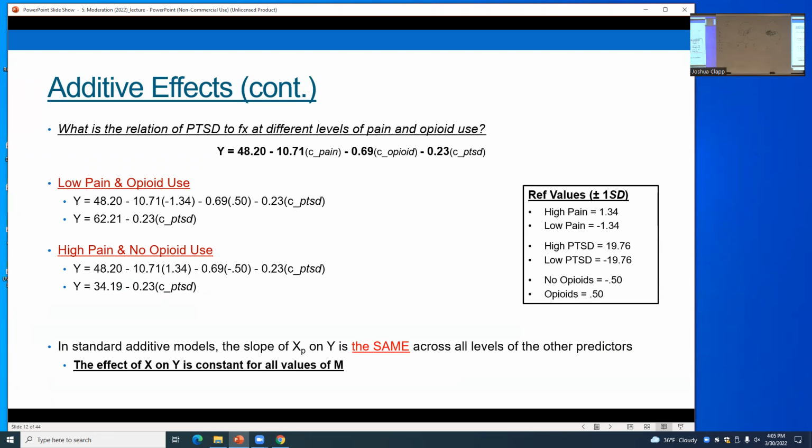So in this model, the way I have it set up, can I look at the extent to which pain changes the nature of the relation between these? Can I determine the extent to which opiate use impacts the association between pain and function? Can't do it mathematically, it's going to be constant all the time.